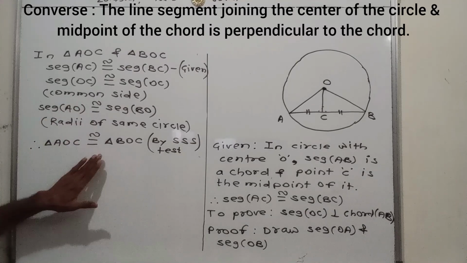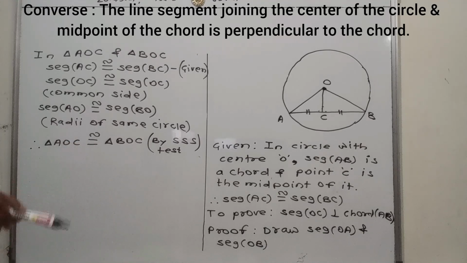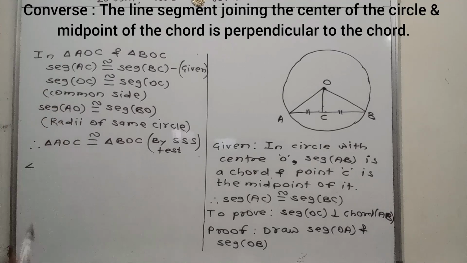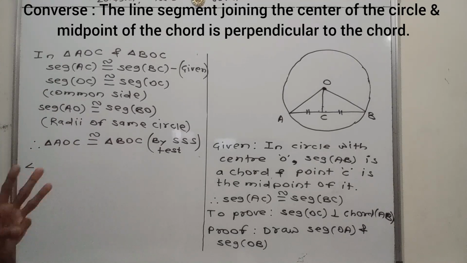If these two triangles are congruent by any test, then we write the remaining three parts are congruent, but we want here a single pair. The remaining three pairs of angles are congruent.